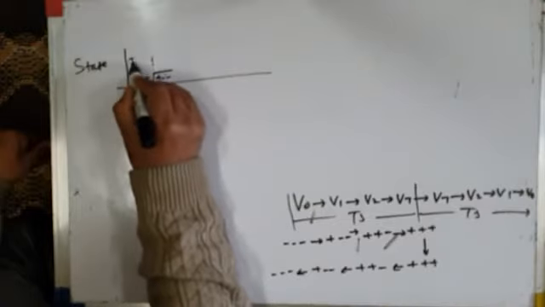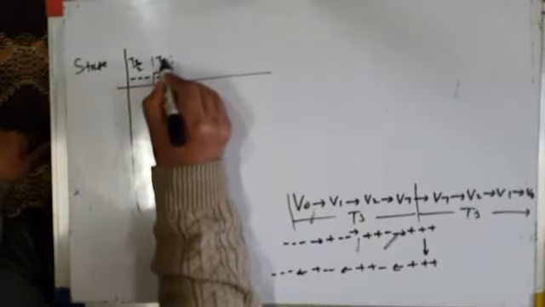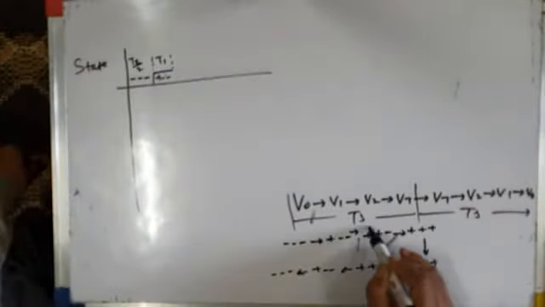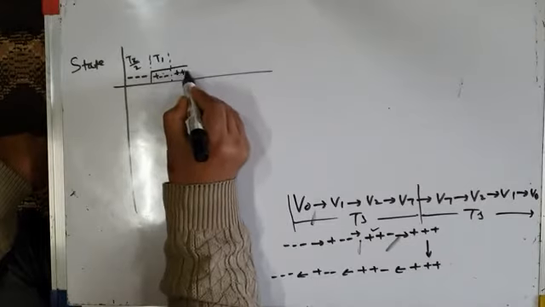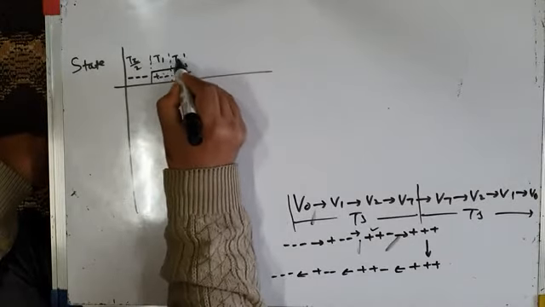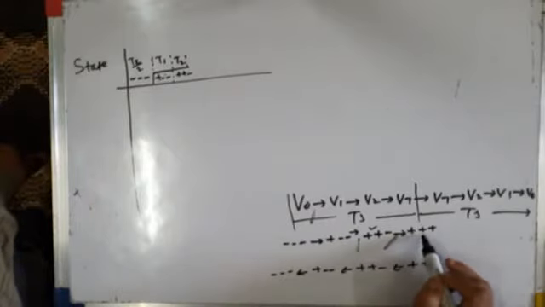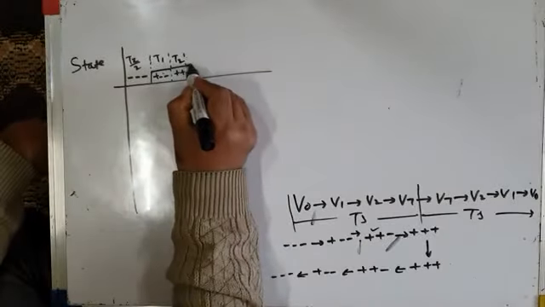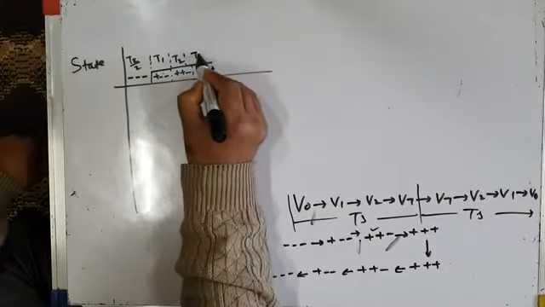Okay, this is for, यहाँ पे लिखूंगा, this is for time interval Tz by 2. This voltage vector is for time interval T1. उसके बाद plus plus minus, this is for time interval T2, right? उसके बाद plus plus plus, zero voltage vector, plus plus plus. Okay, this is also for time interval Tz by 2.